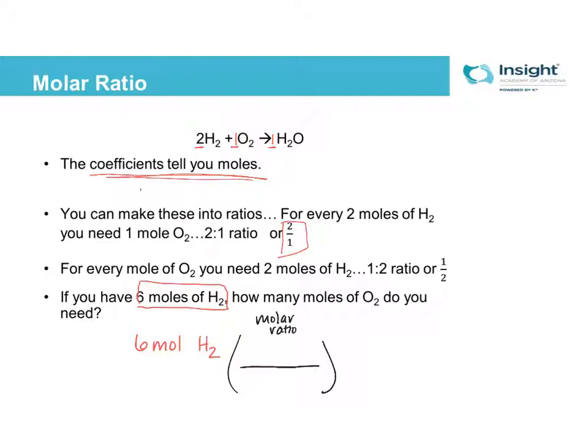To appropriately set up your molar ratio, you're going to be using a math concept that I know you know. You might not be super familiar with it, but if I give you this, all right, 2x times 1 over x. Right now, that might look a little funky, and maybe you're not sure what to do.